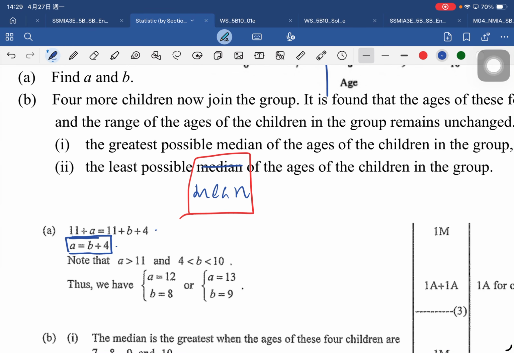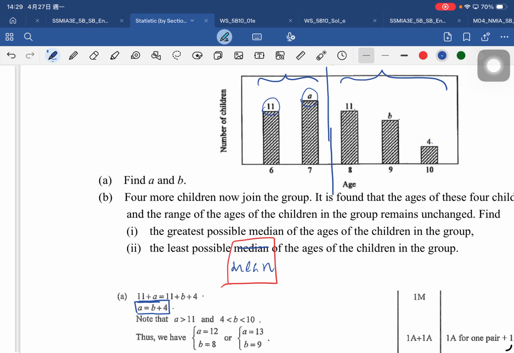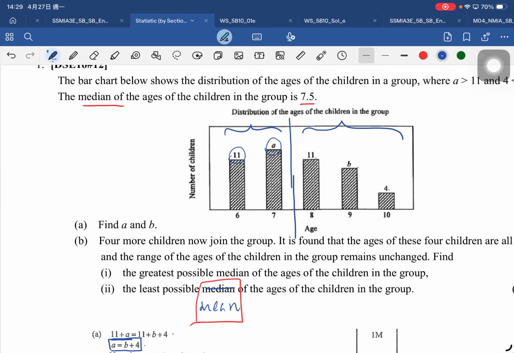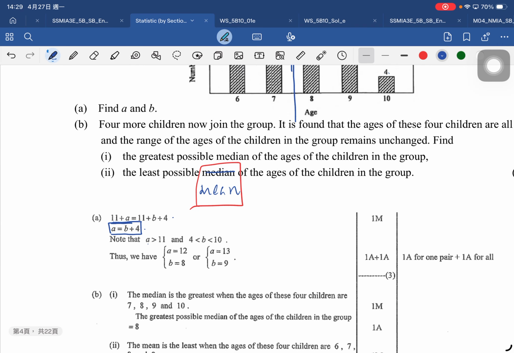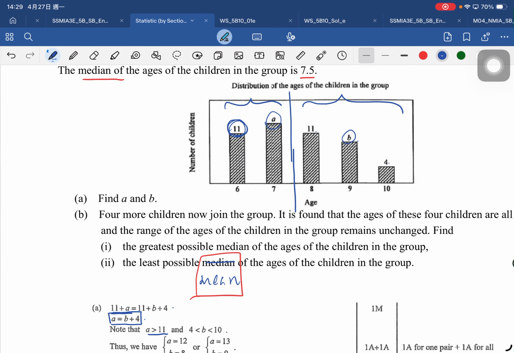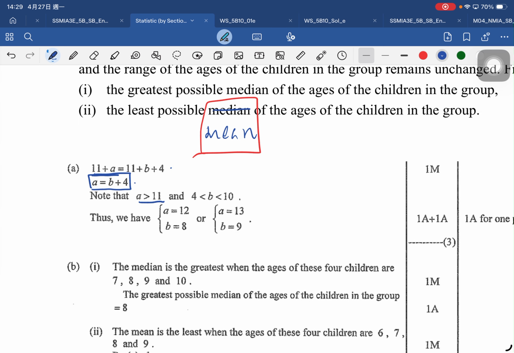But A and B must be positive numbers, besides. When you refer to this one, A must be greater than 11. 睇個圖就知，A 一定係大過11嘅。And how about B? B must be in between 11 and 4. To consider the possible values, because A must be greater than 11, integer 12 first. If A is 12, B must be 8.